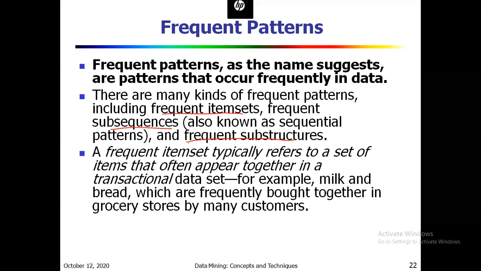Frequent item sets refer to a set of items that often appear together. For example, milk and bread are frequently bought together. So these are the frequent patterns.